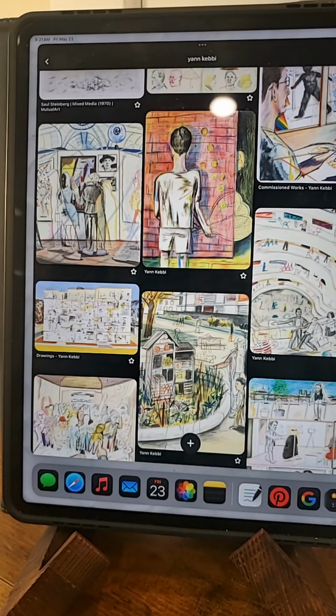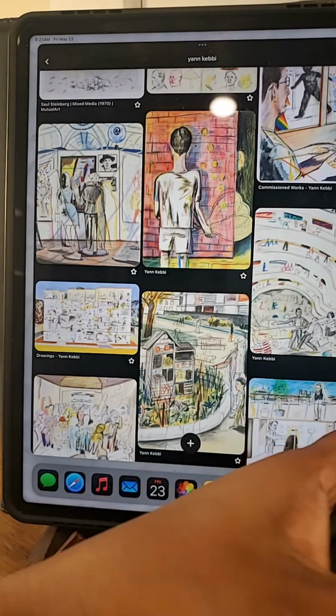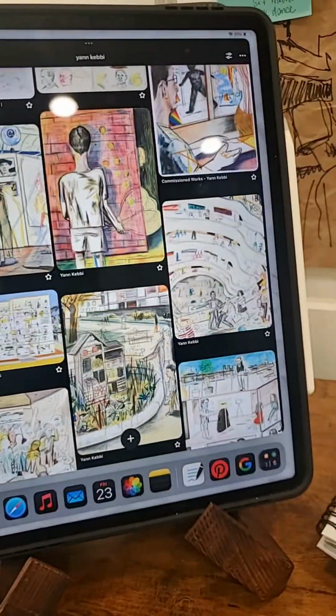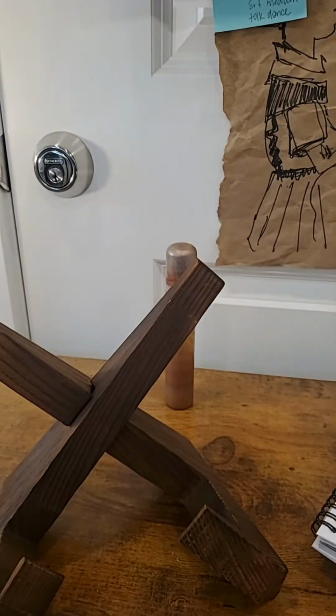The next thing that I wanted to do was just share with you all some of the pieces that I've recreated myself with color pencil.